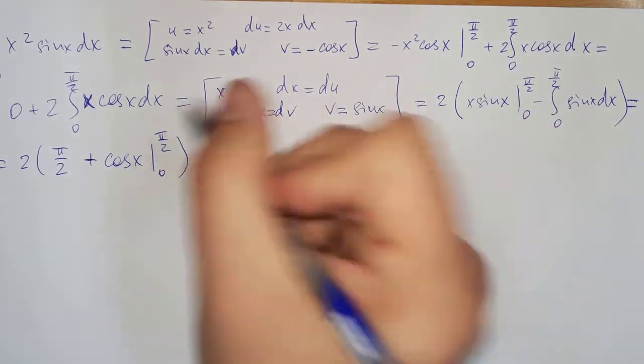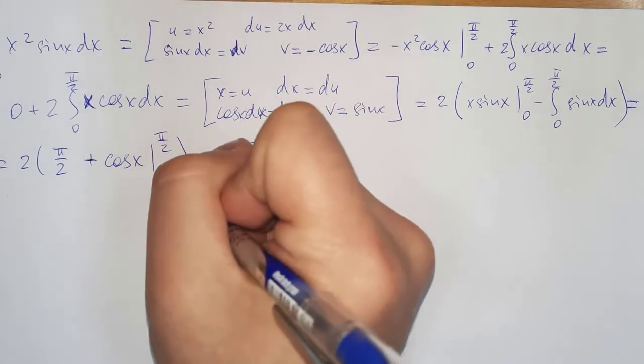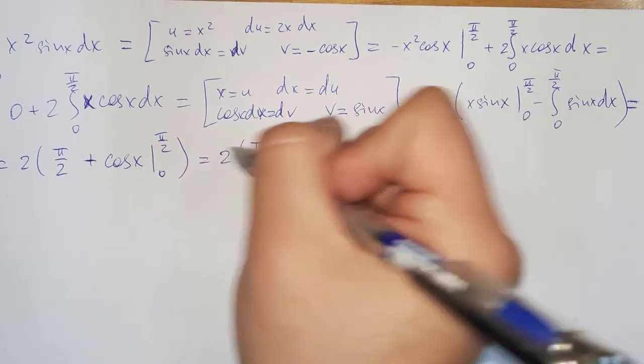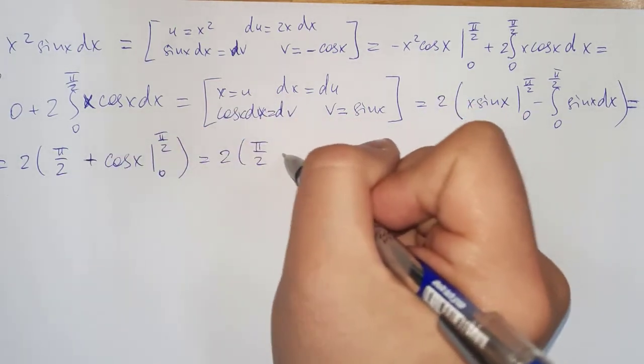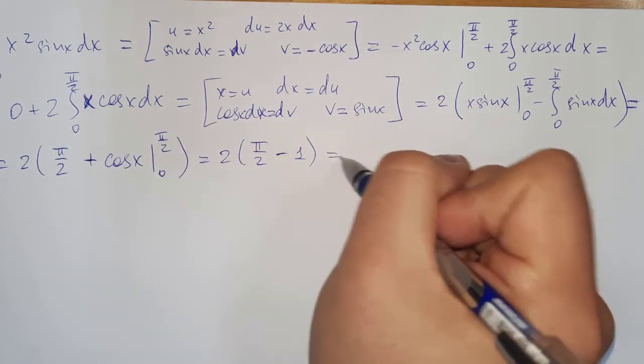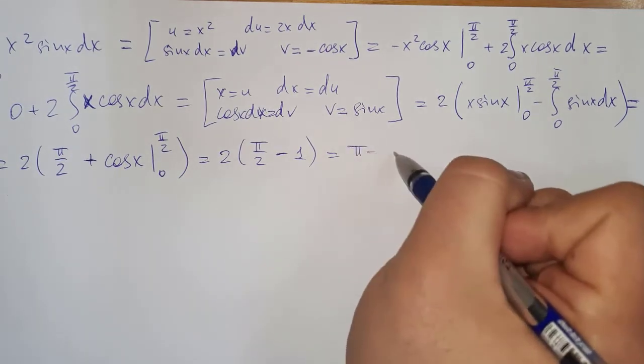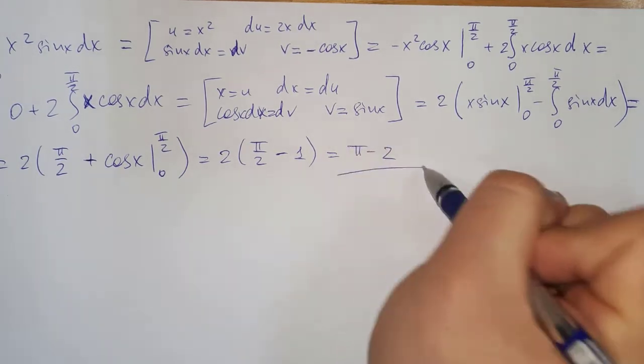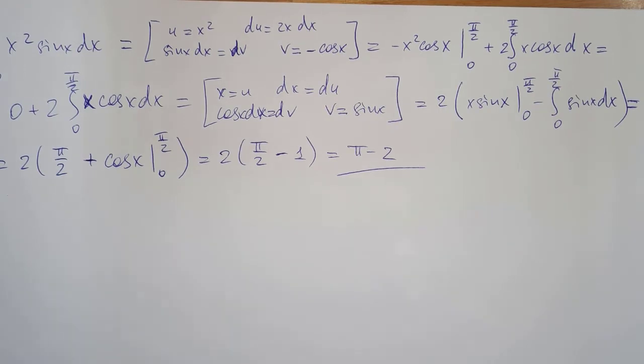So when we put pi over 2, it will be 0, and when we put 0, it is minus 1, but it will be with minus in the middle, so pi minus 2. This is the final answer.